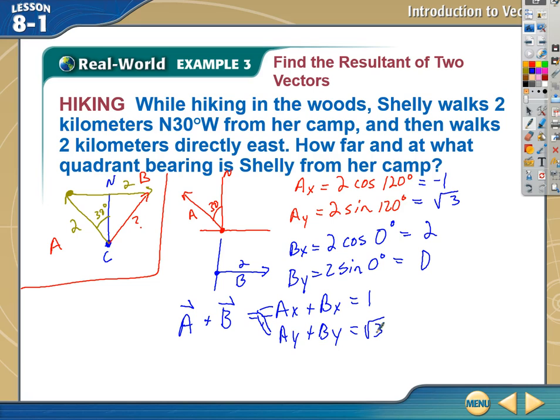Now what have I created? This is the x component of my new resultant, and this is the y component of my new resultant. Whoa, that's easy. But now you have to know another thing: how far and at what bearing is Shelley from her camp? So let's draw this out.